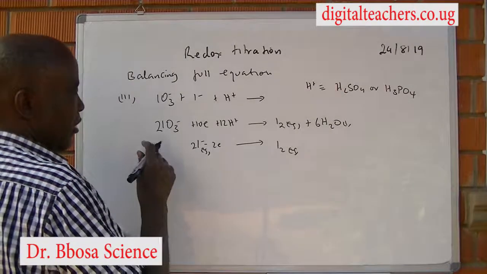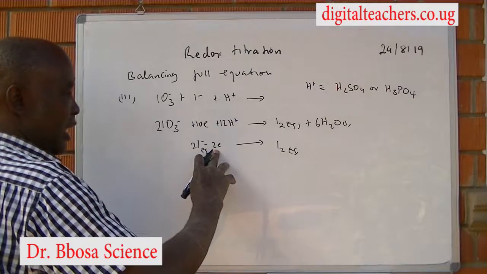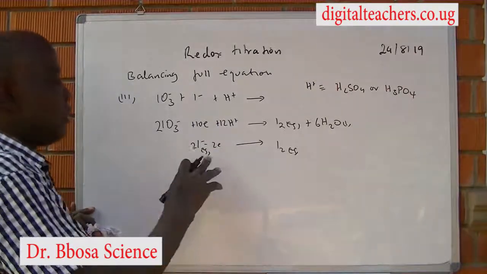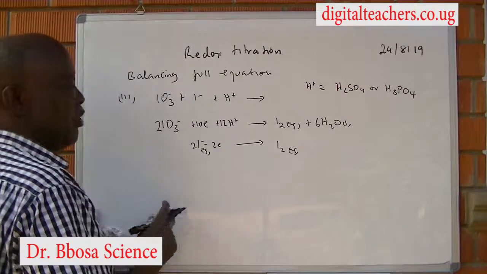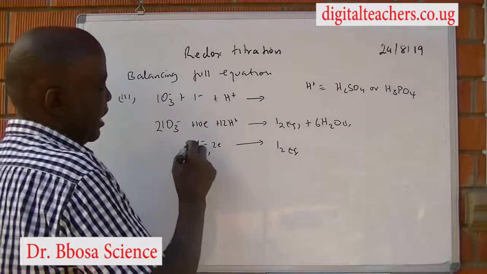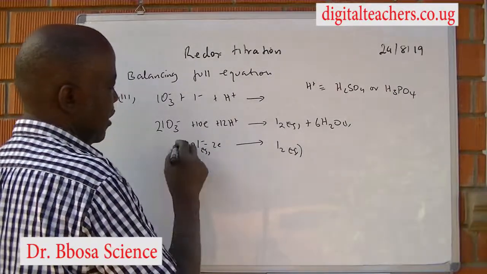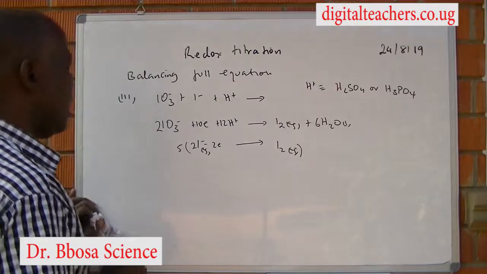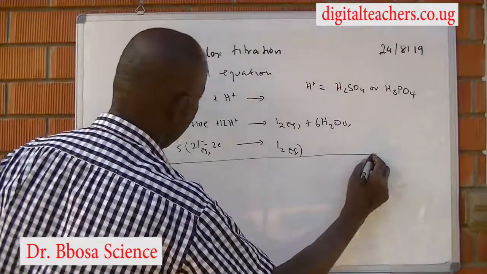Then in balancing the full equation, we make sure that the negative electron is equal to the positive electron. How do we make it? We multiply this one by 5 and we add.